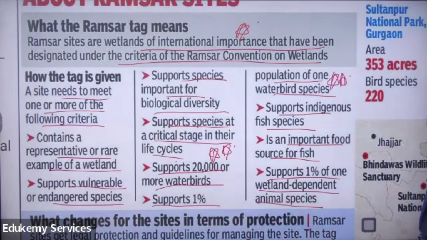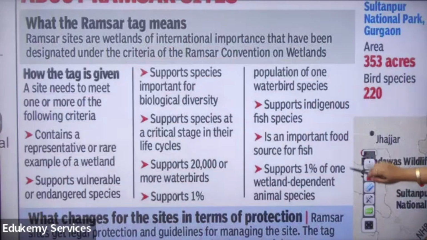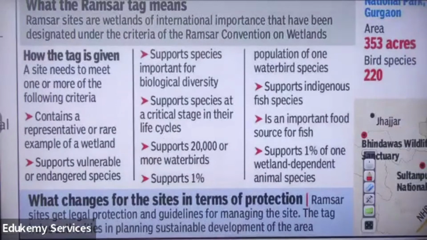So out of this, what I have to remember is this point, and this point. These are the three criteria which are needed to declare any wetland as a Ramsar wetland site.